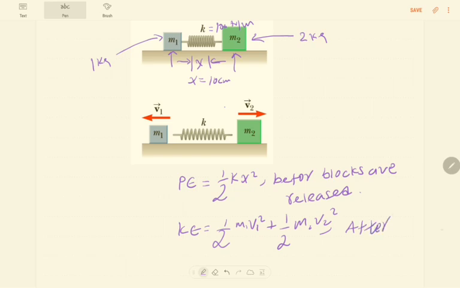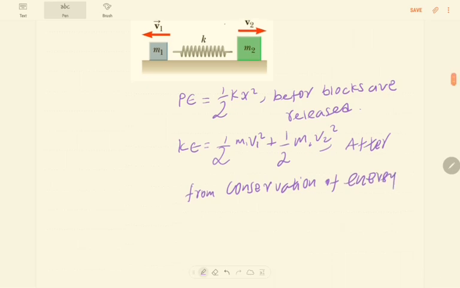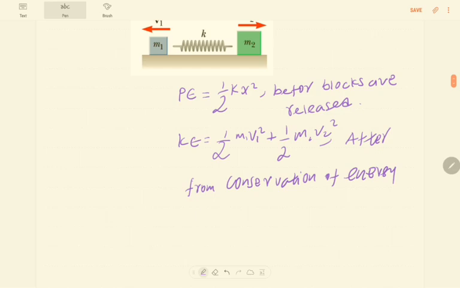We know from conservation of energy that the potential energy initially is equivalent to the kinetic energy of the system after release.